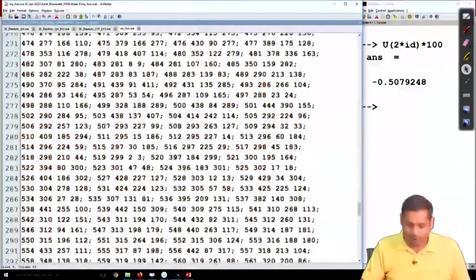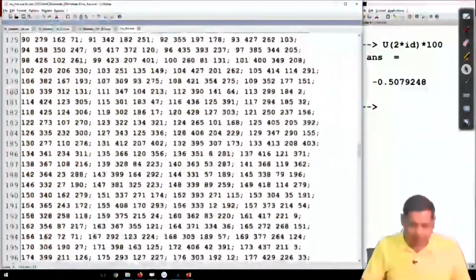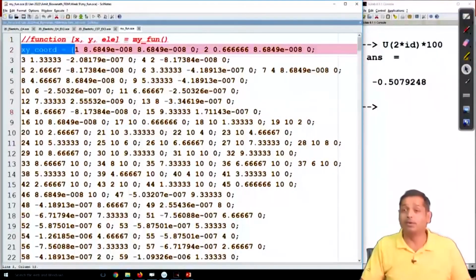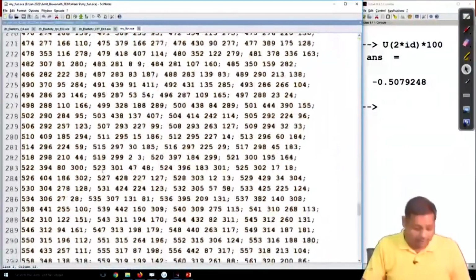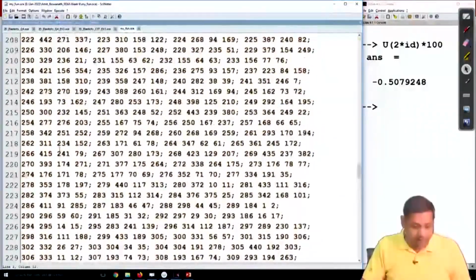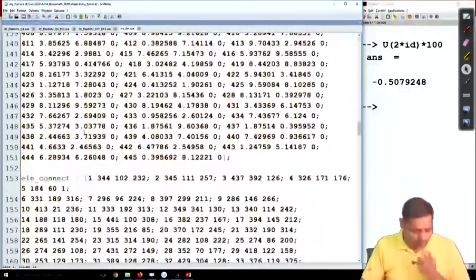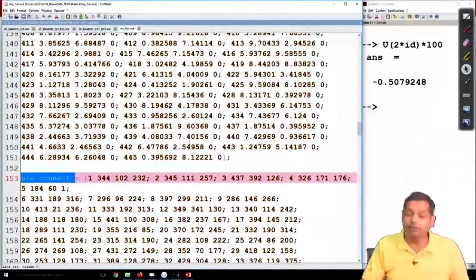So this xy chord is the coordinates of the nodes, and this gives you the element connectivity, how the elements are connected.